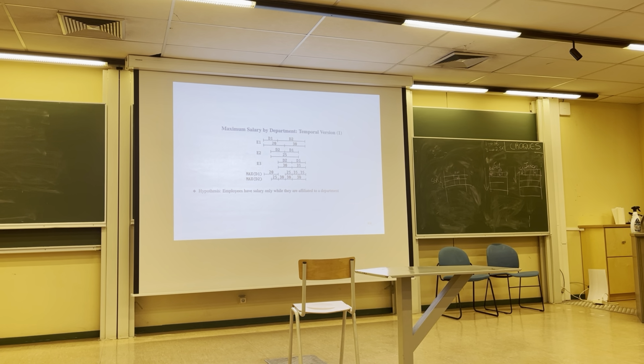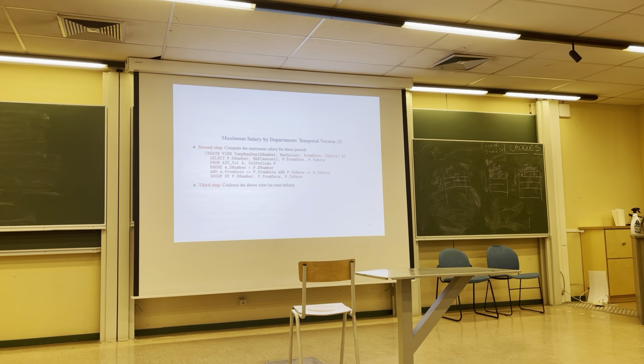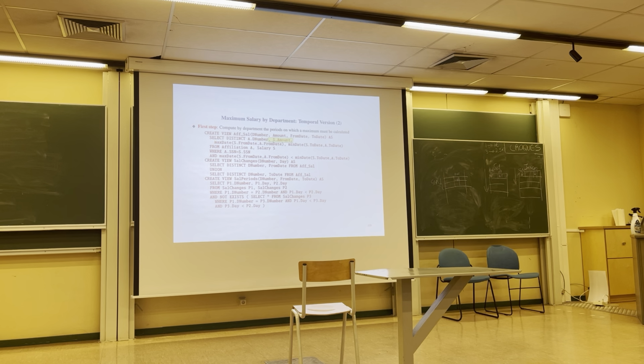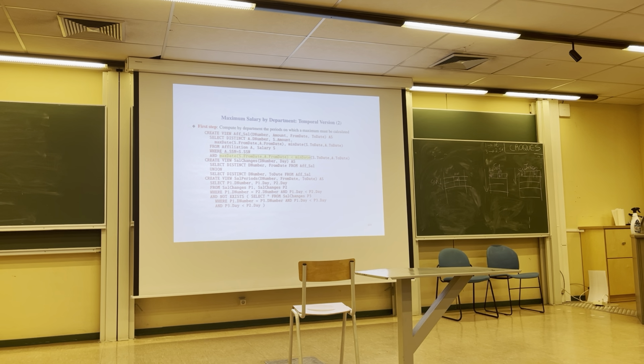So let's see how, look at this. You remember max date to min date, provided that max date is less than min date. We have just seen that it's just a temporal join between affiliation and salary. So this is the temporal join that somehow splits my intervals.